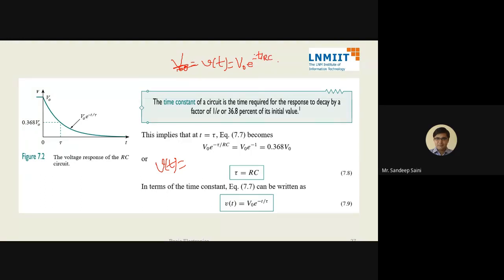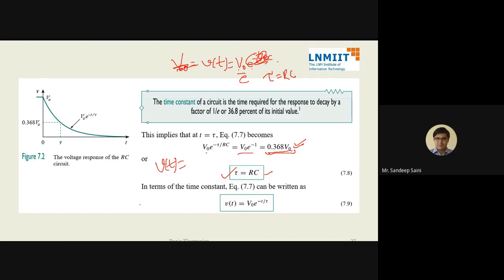If I put t equal to RC and I call that tau, then e raised to power minus 1 means V naught divided by e, and V naught divided by e is 0.368. That means at tau equal to RC, my V of t is 0.368 of V naught.